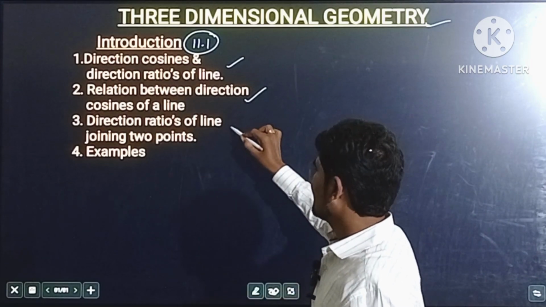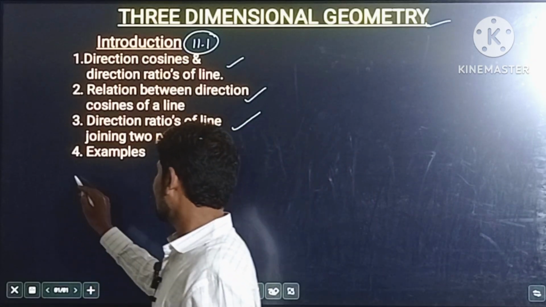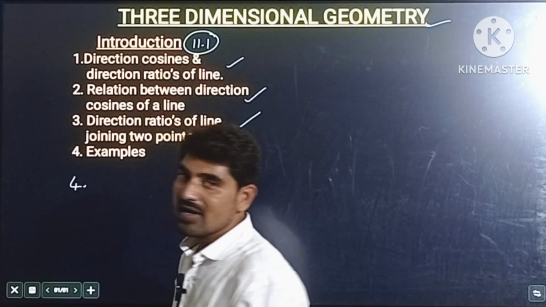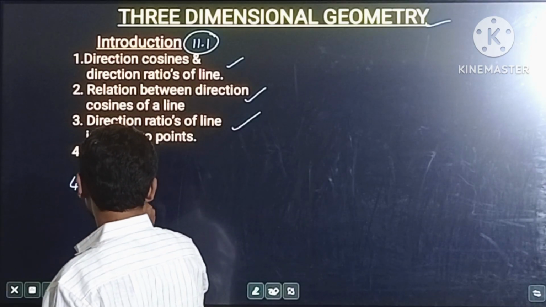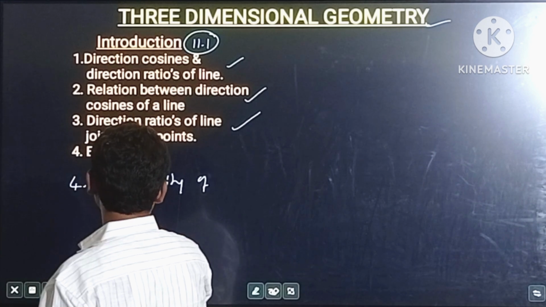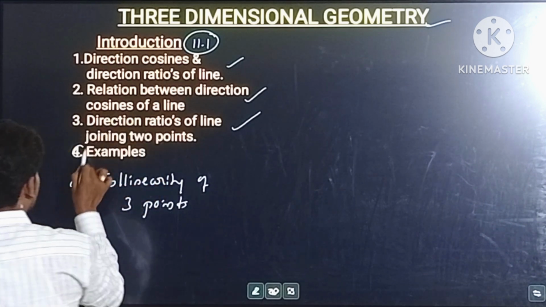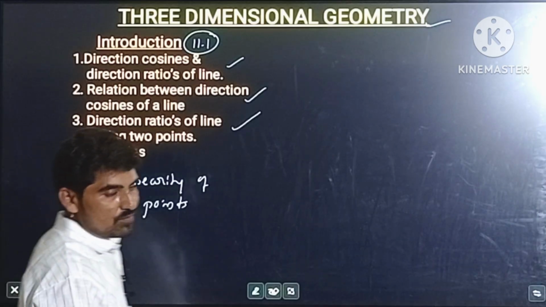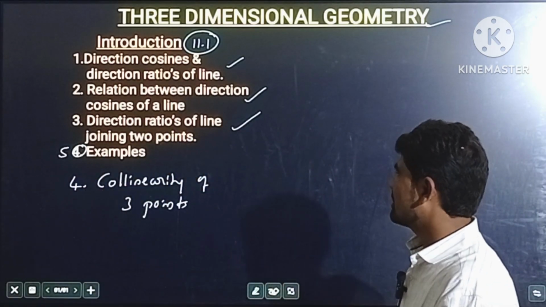The third is direction ratios of a line joining 2 points. And the fourth concept, which I just want to insert here, is collinearity of 3 points. Lastly, I am going to solve some examples based on these four concepts. So let's start the first concept.